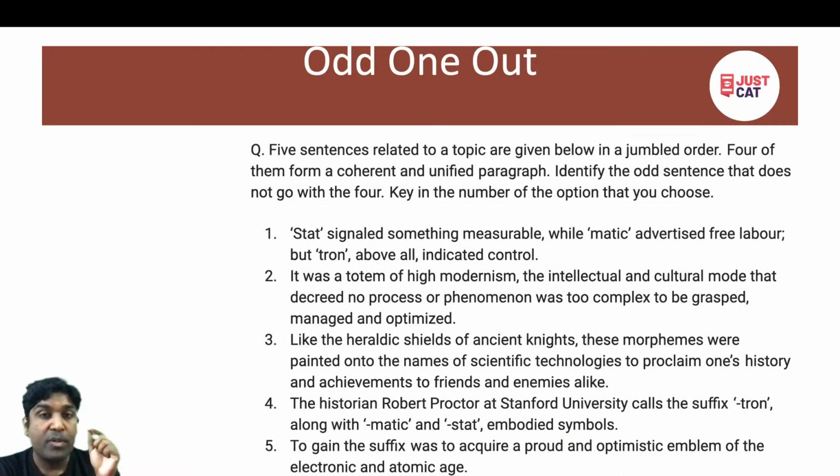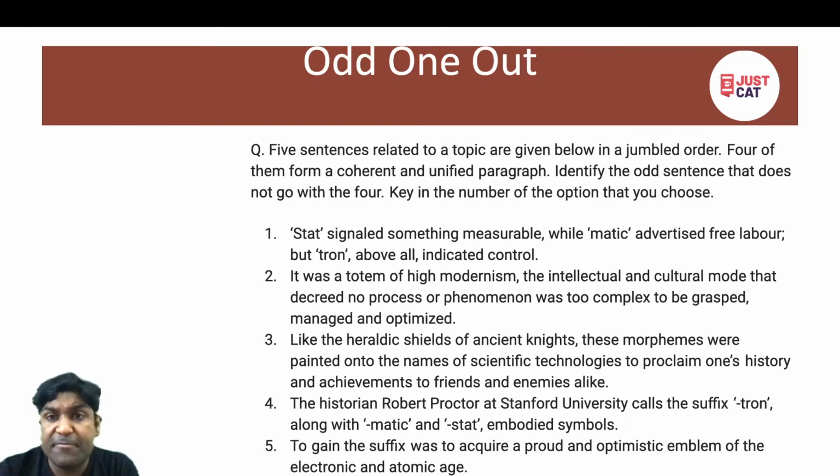High modernism means an example of modern values, and those modern values were that no process or activity happening around us is too complex to be understood. So any activity, whether scientific, philosophical, political, socio-economic, or in medical sciences, nothing is too difficult to be understood, grasped, or managed. It can be understood, and it can be optimized, also managed.